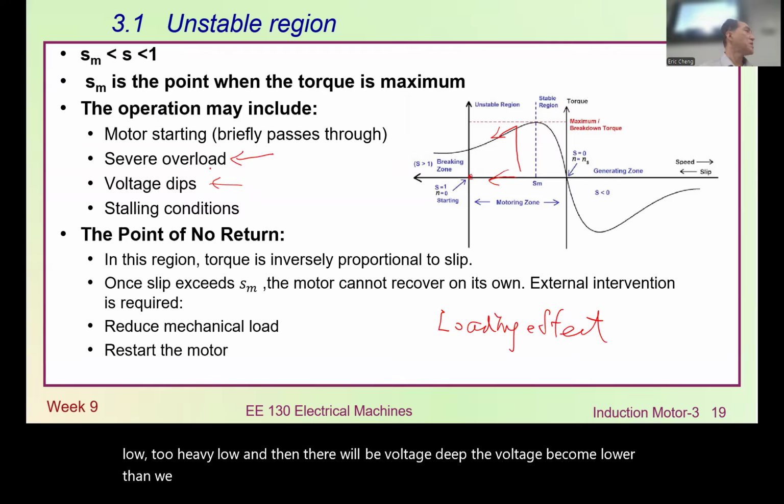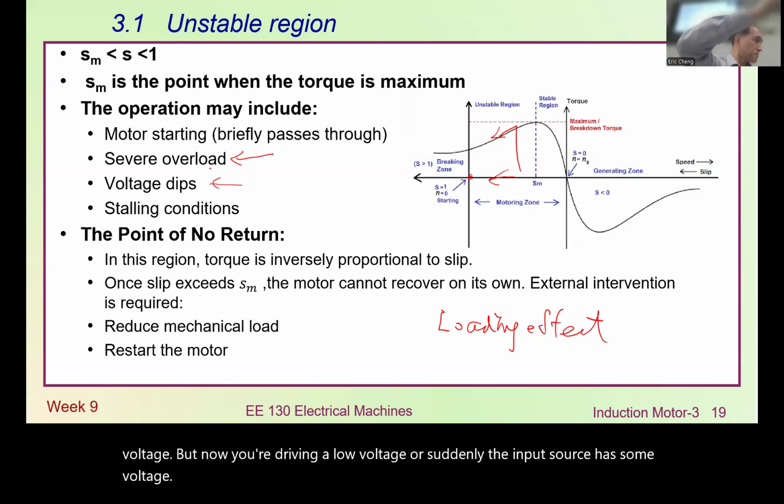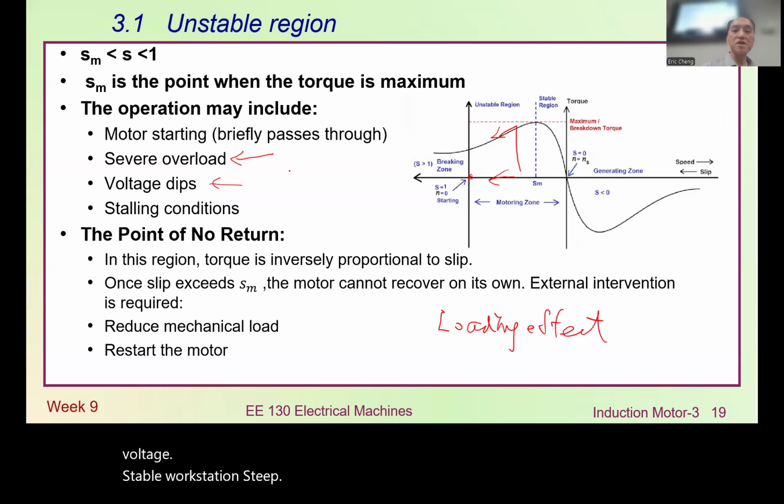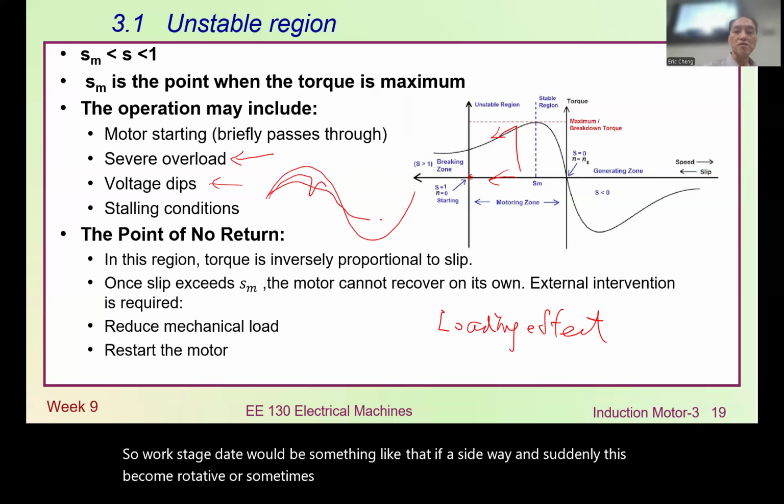For instance, we are driving the motor at 120 volt AC, but that's a normal voltage, but now you're driving low voltage, or suddenly the input source has some voltage unstable, a voltage dip. Sometimes the whole voltage has a voltage dip here.